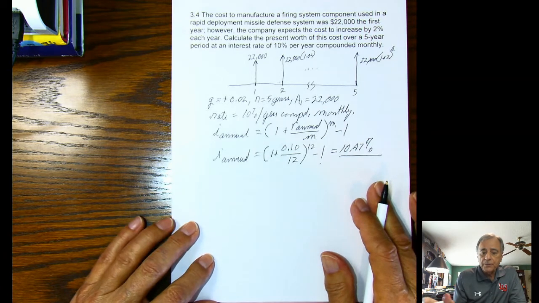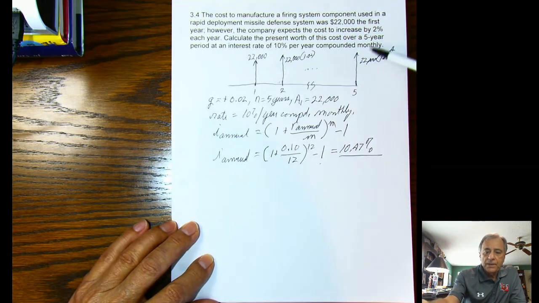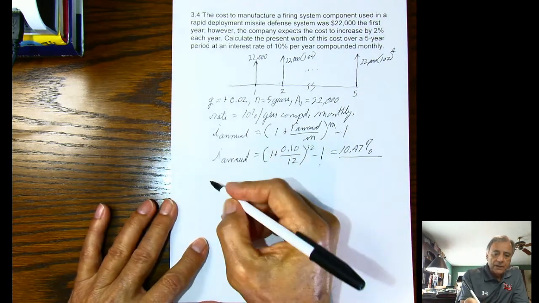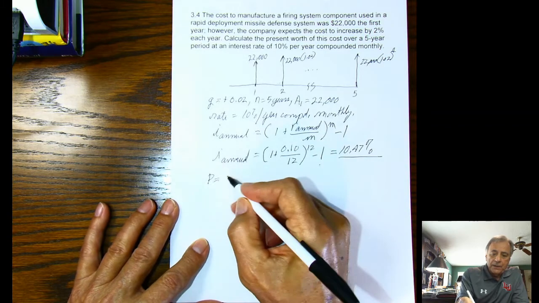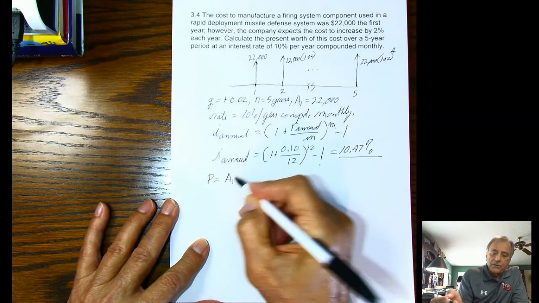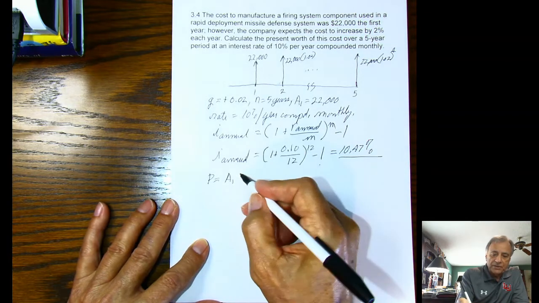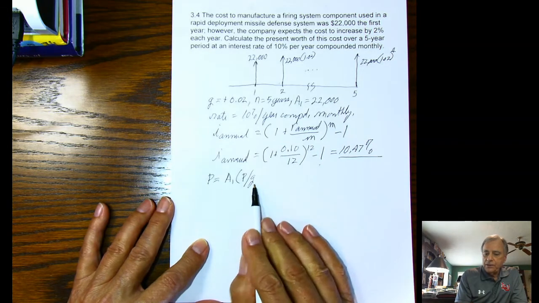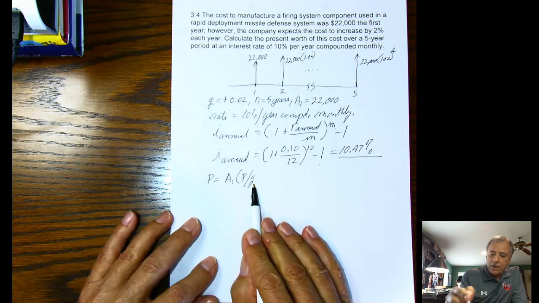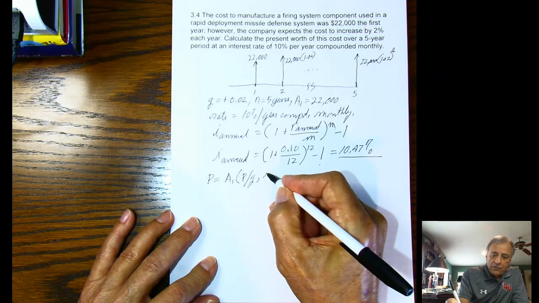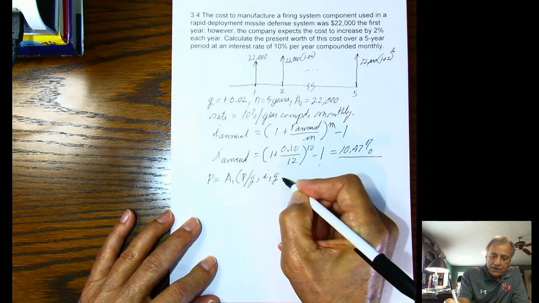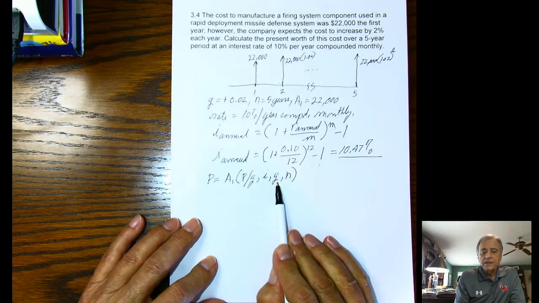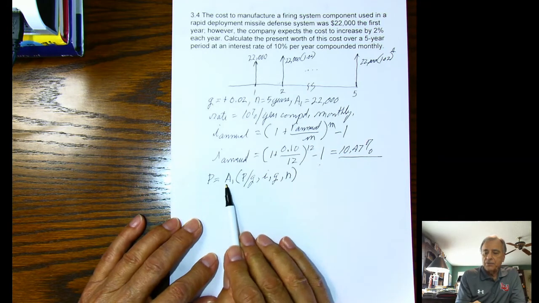You want to find the present value of these payments here. And that is a geometric series. So P is equal to A1. That's the formula, the symbolic formula for a geometric series. A1 times P given little g. We use little g to represent a geometric gradient at rate I and rate G for n periods. Now this is the interest rate, that's the changing rate of the series, and that's your first payment in the series.